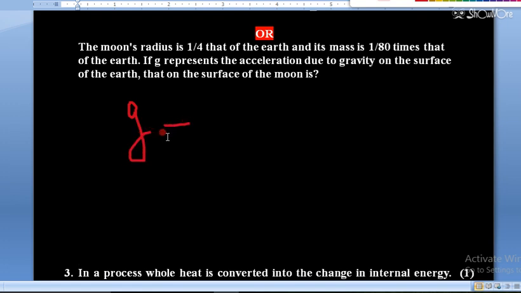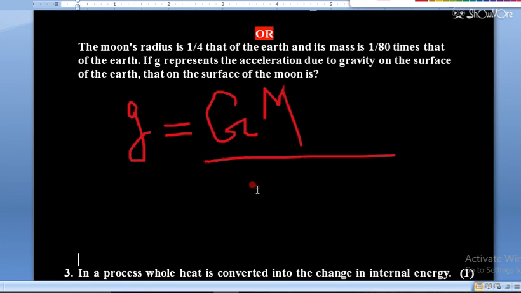The formula is g is equal to G into the mass of the planet or body by r square, if the body is spherical. So this is the formula for g, acceleration due to gravity.